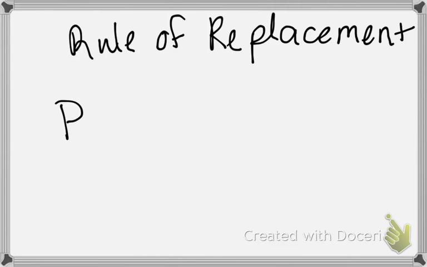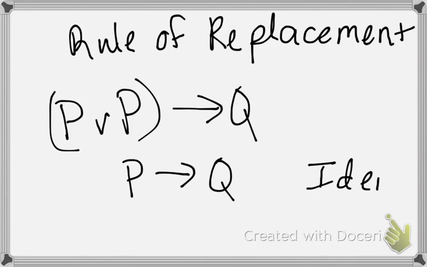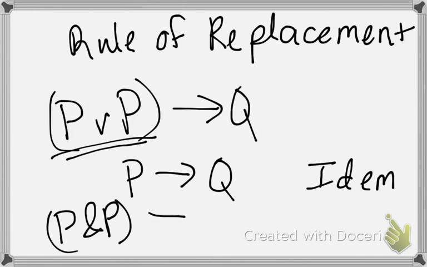So if we have the formula P or P arrow Q, and we don't want all of this extra P in here, we just want to have P arrow Q, well then we can get that by the rule of idem, because idem works inside of lines. Likewise, if we had P and P arrow Q, we could get P arrow Q by idem. So that's the utility of it.